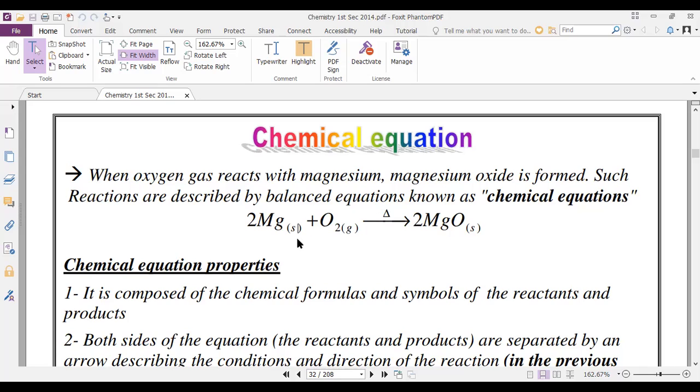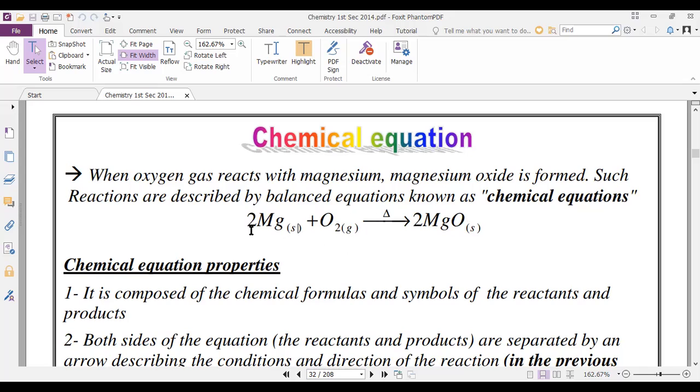S means solid, G means gas, L means liquid, AQ means aqueous solution, as present in water. So this is the beginning and description of the chemical equation.